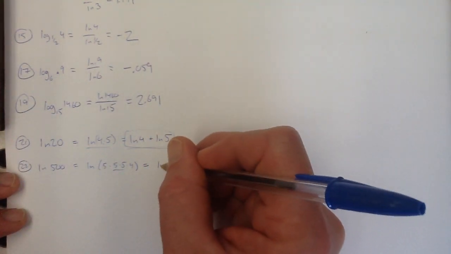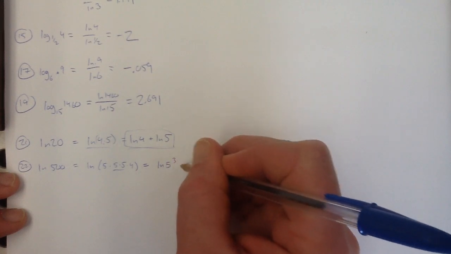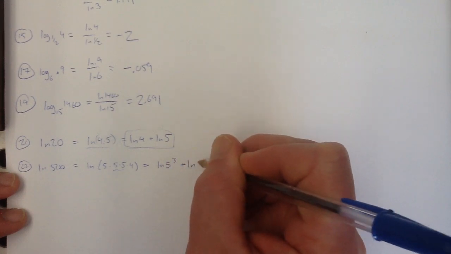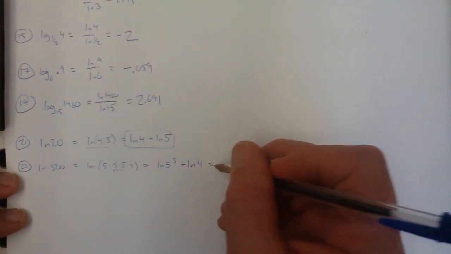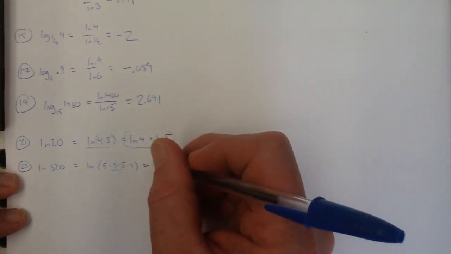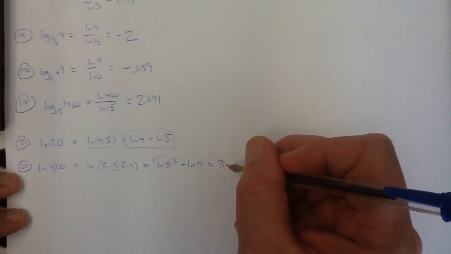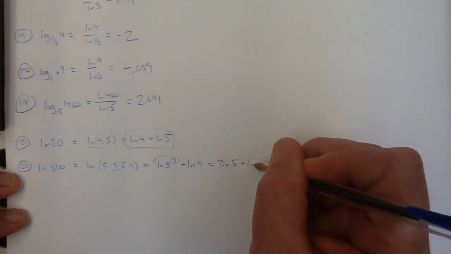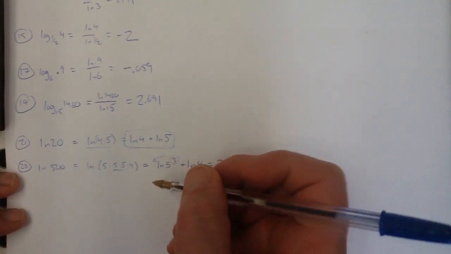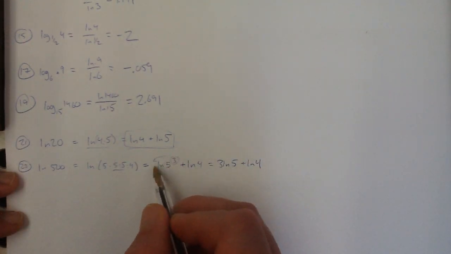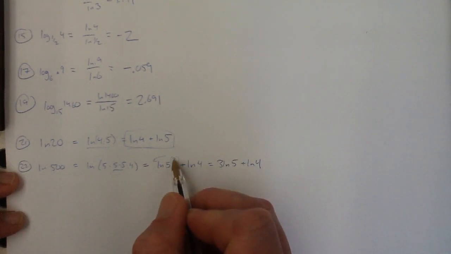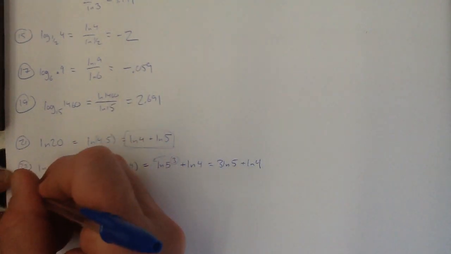So that's natural log of 5 cubed, and then the multiplication to addition lets me do that. And then finally, the power can come to the outside. I'll tell you what, in calculus class, not pre-calculus, but calculus class, this is probably the logarithm rule that we use the most, the one that says that that exponent can come to the front.